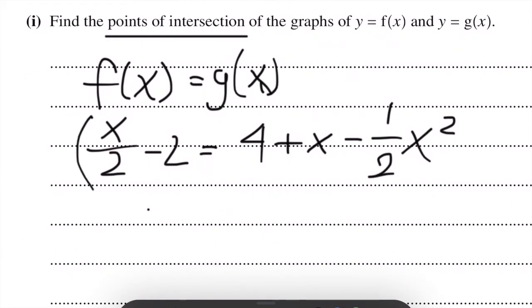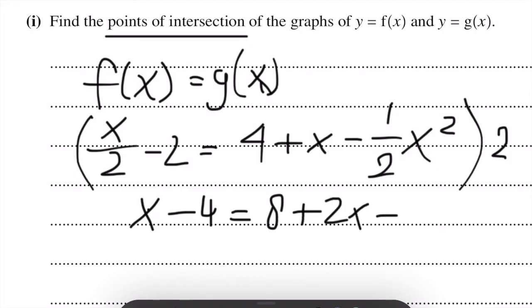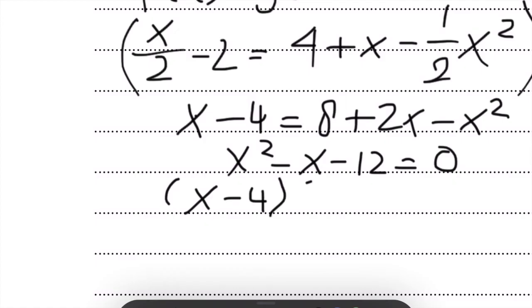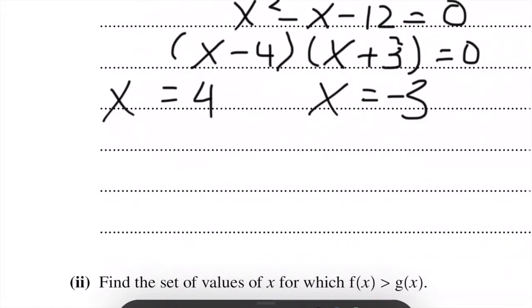We will multiply this equation by 2 to get rid of the denominators, and we will get x minus 4 is equal to 8 plus 2x minus x squared. We will find the roots, and it's x minus 4 and x plus 3.